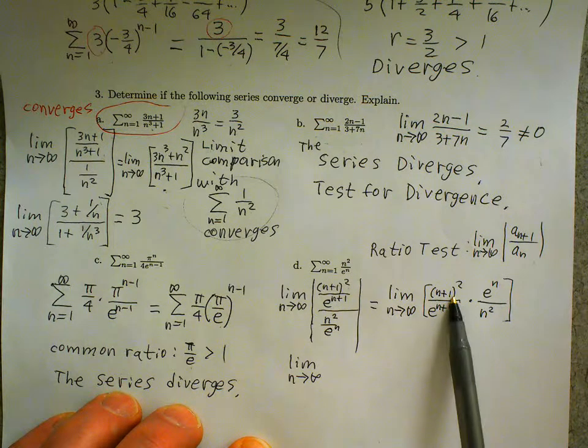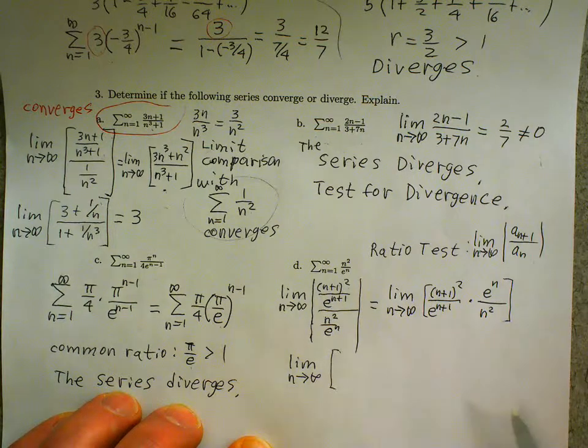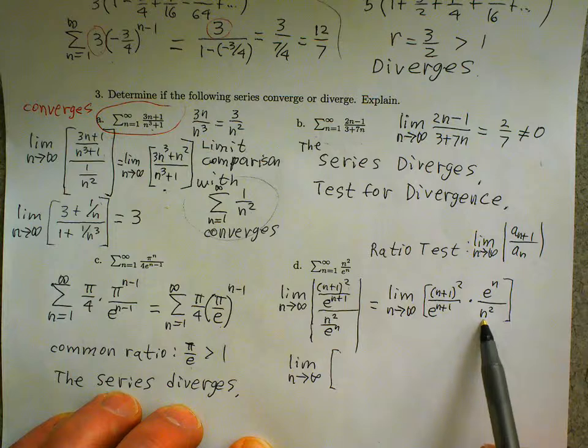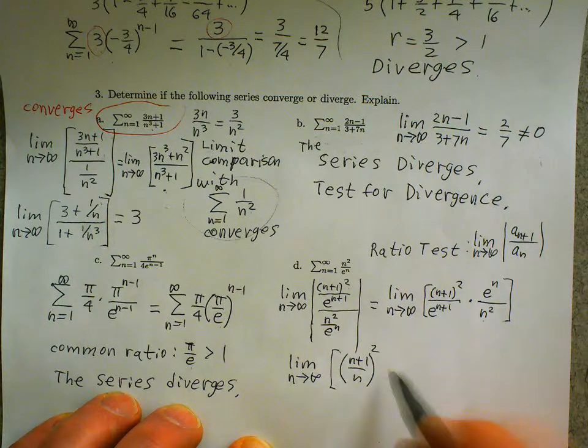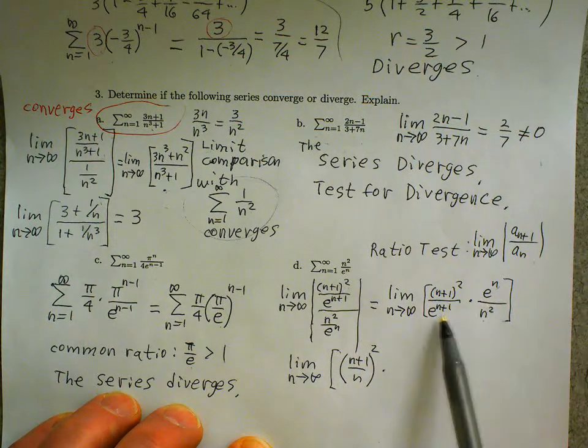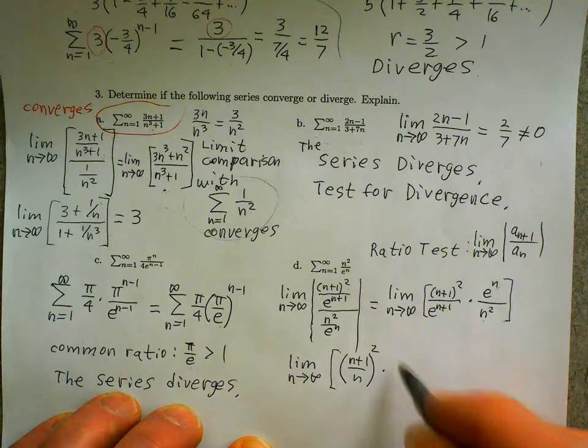Okay, so I'll rearrange the terms a little bit. We'll have n plus 1 squared divided by n squared. We can think of that as n plus 1 over n, squared. And then e to the n divided by e to the n plus 1 simplifies to 1 over e.